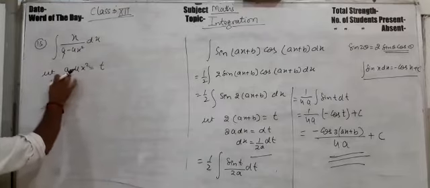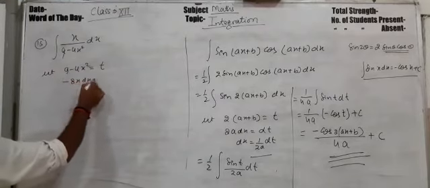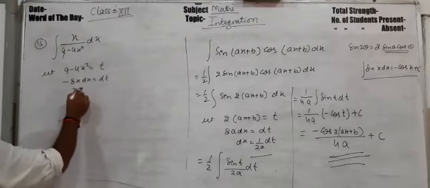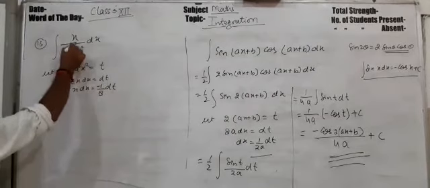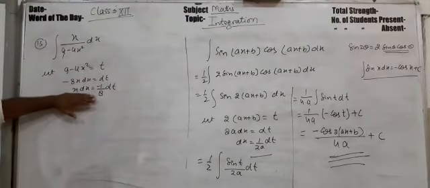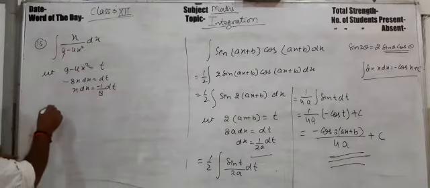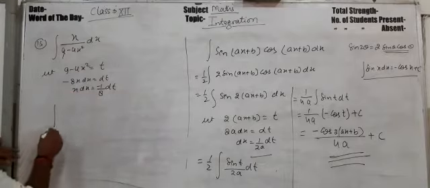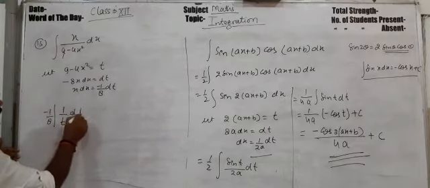Differentiation: 9 becomes 0, and this becomes minus 8x dx is equal to dt. That is, x dx is equal to minus 1 by 8 dt. Because x dx is in the numerator, we have taken the value of x dx as minus 1 by 8 dt. And now our integral reduces to minus 1 by 8 times 1 by t dt.